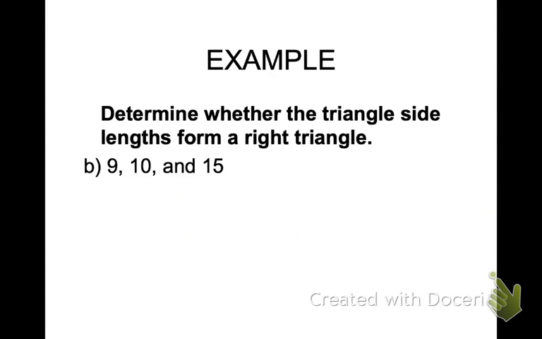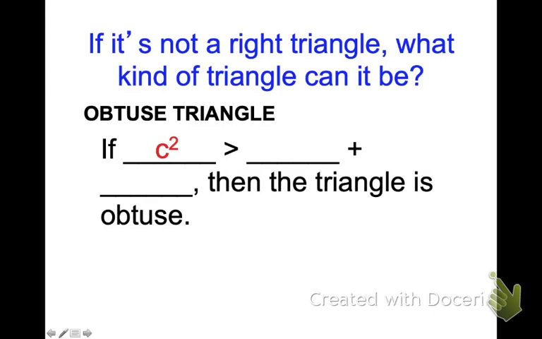So, to determine whether we have an obtuse triangle, if your c squared ends up being larger than a squared plus b squared, then the triangle is going to be obtuse. Think about it. If this is my A and this is my B and the distance between my elbows is the C and it's a right angle, then a squared plus b squared is equal to c squared.